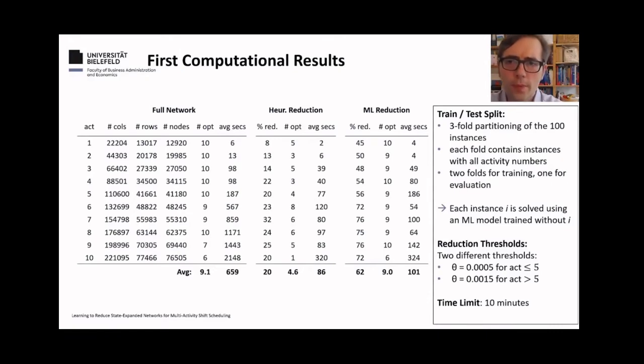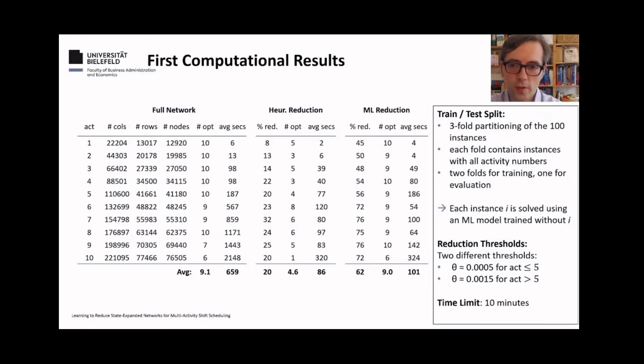So how did we come up with the results presented on this slide? First of all, it's important to note that we used a 3-fold partitioning of the 100 instances, where each fold contained the instances with different activity numbers. In any case, 2 folds were used for training and 1 for evaluation. This results in the fact that every instance is solved using a machine learning model which was trained without the instance itself.